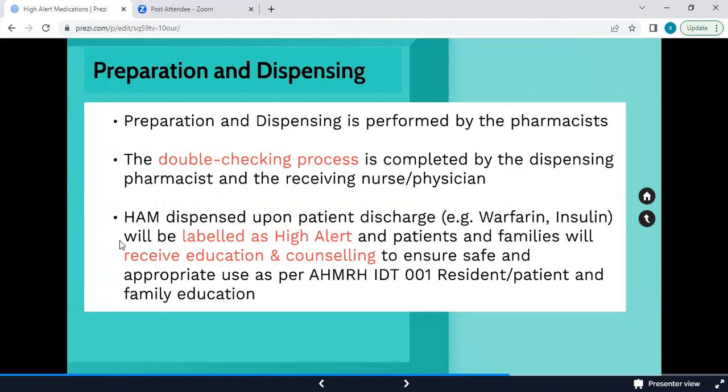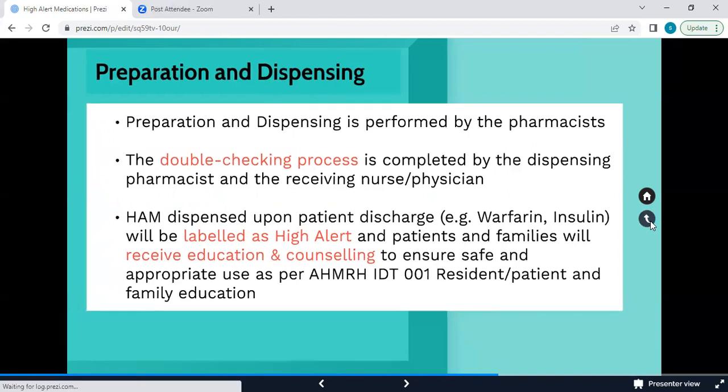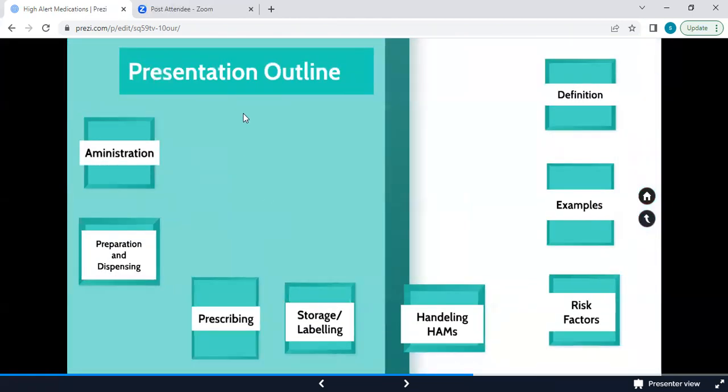But if a patient is being discharged on high alert medications such as warfarin or insulin or any other, there should be a high alert medication label. The patient or the family has to be educated and counseled, and you have to make sure that they have enough knowledge about these medications and how to use them appropriately.